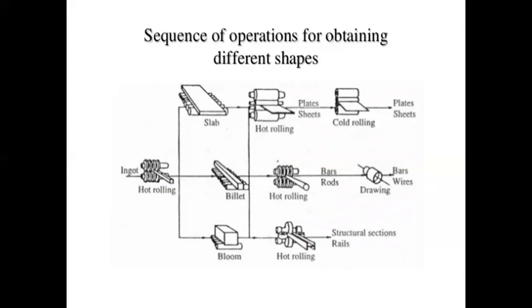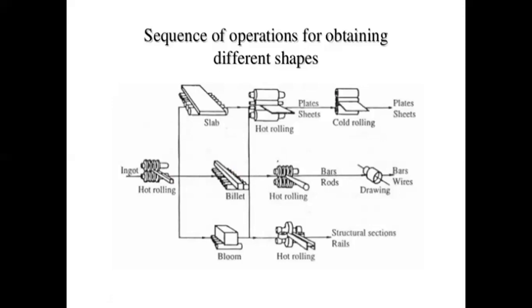In this diagram, you can see a slab. It is passed between the rollers. After that, it reduces in size and deforms plastically.